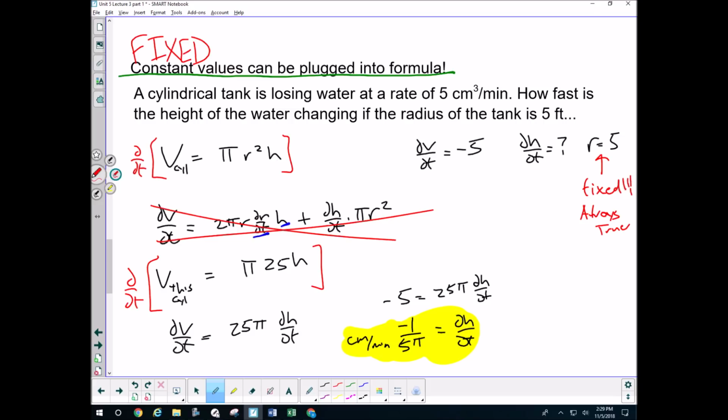And you don't have to figure out, oh yeah, dr/dt has got to be 0 because the radius of the cylinder is never changing. Okay? We are going to want to do this for the remainder of our problems next class as well. It's a very, very important thing to make these problems a lot easier to do.